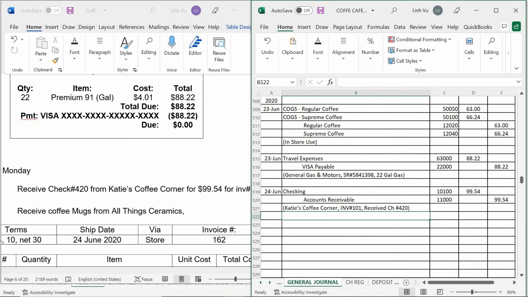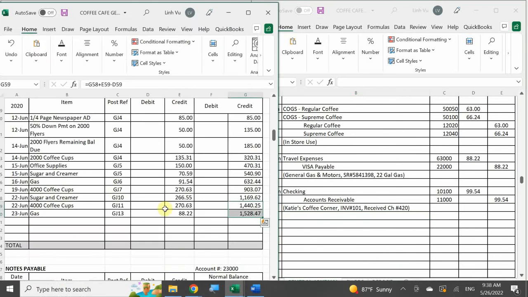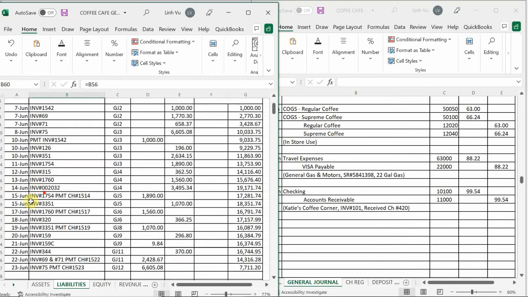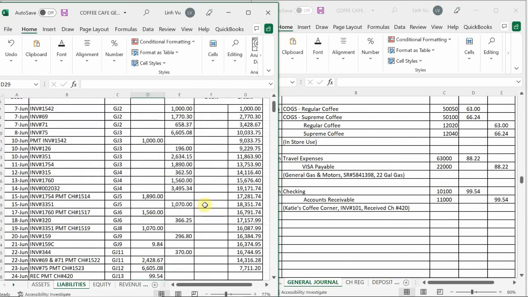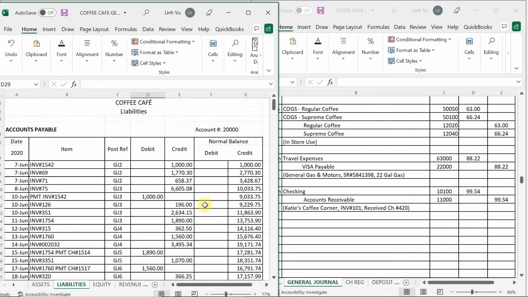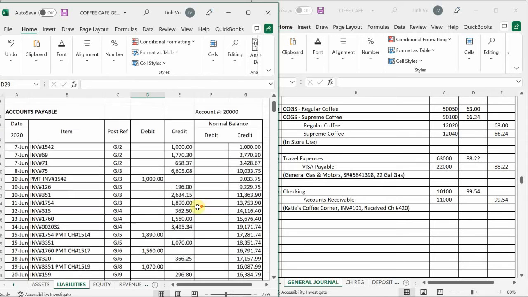So now let's go ahead and update my ledger because now I received a payment, so I need to record that. Receive payment, check number 420, for a total of $99.54. Hold on, wait, where am I? Oh no, I put it under accounts payable.